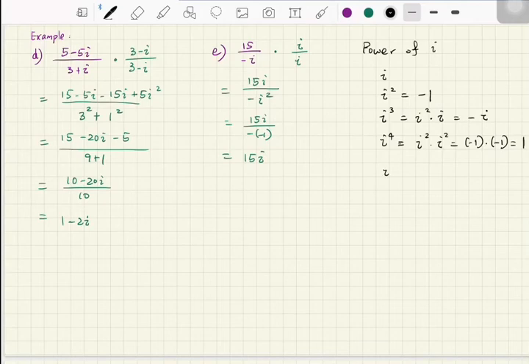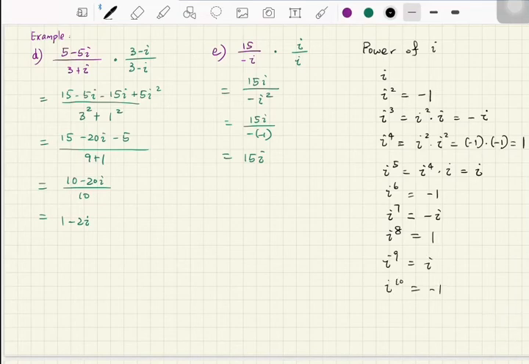When you go to i to the fifth, it repeats: i to the fourth times i, which is 1 times i, which is i. Then i to the sixth, without doing any calculations, I know is negative 1. i to the seventh is negative i, i to the eighth is 1, i to the ninth is i again, i to the 10th is negative 1, i to the 11th is negative i, i to the 12th is 1, and it repeats.